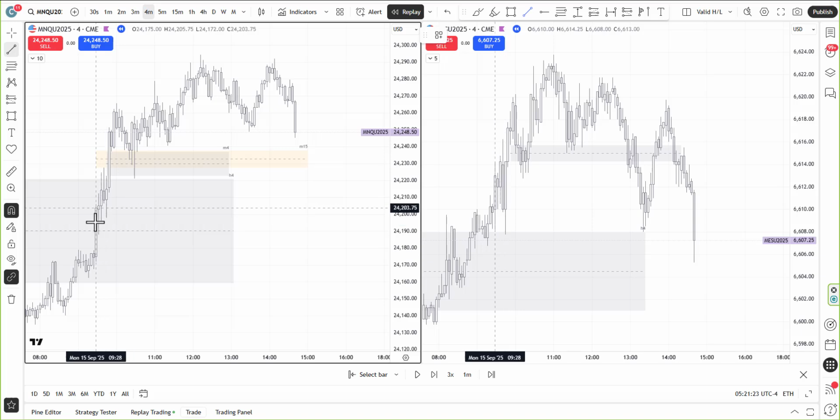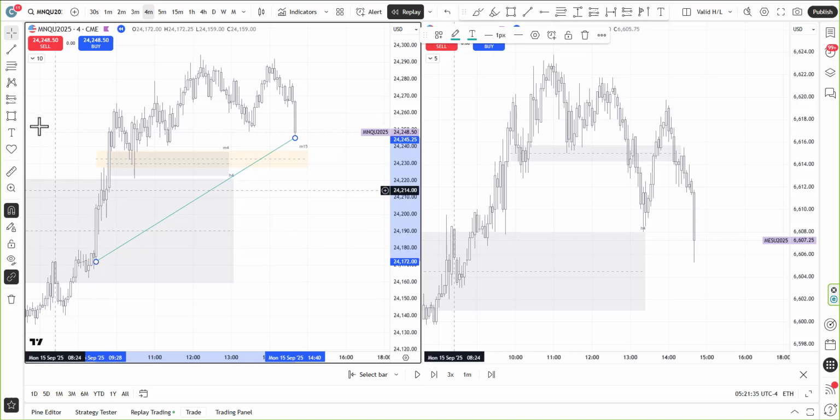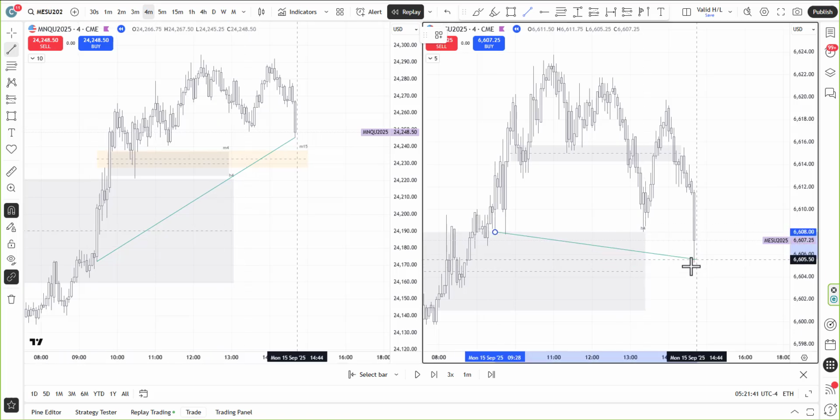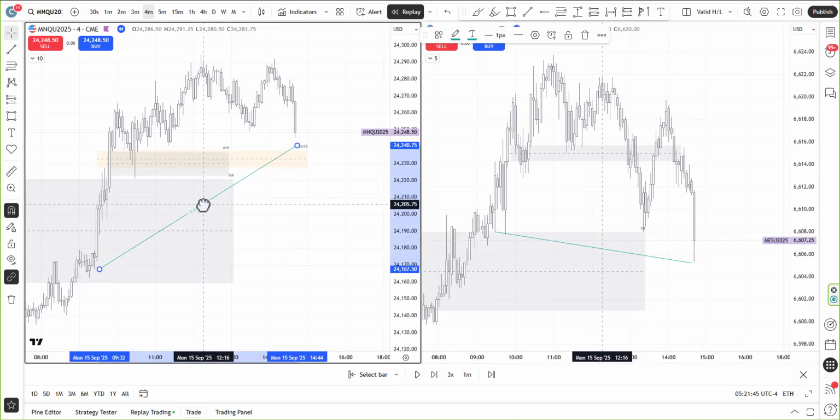Let's just, I can even take this one if I like. So I have a higher high, like a major higher high from a few hours back for NQ. And let's pick the same one. I have a lower high for ES.